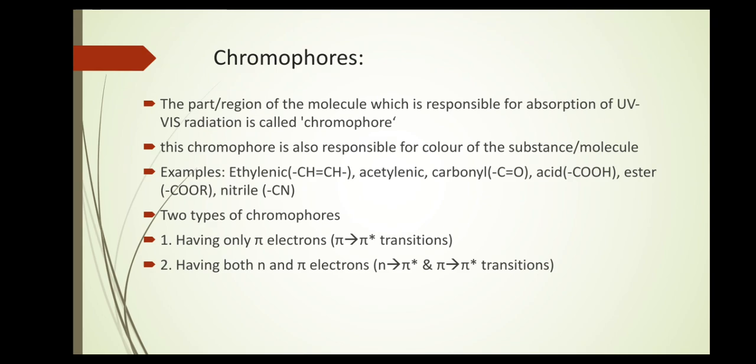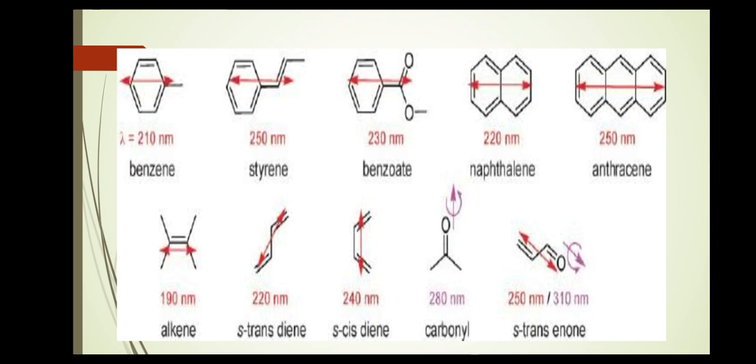If both non-bonding electrons and pi electrons are present, then there is a possibility of 2 types of transitions, that is n to pi star and pi to pi star. In our last video we have seen the different types of electronic transitions and how they arise. If you have any doubt, kindly refer to my previous video.